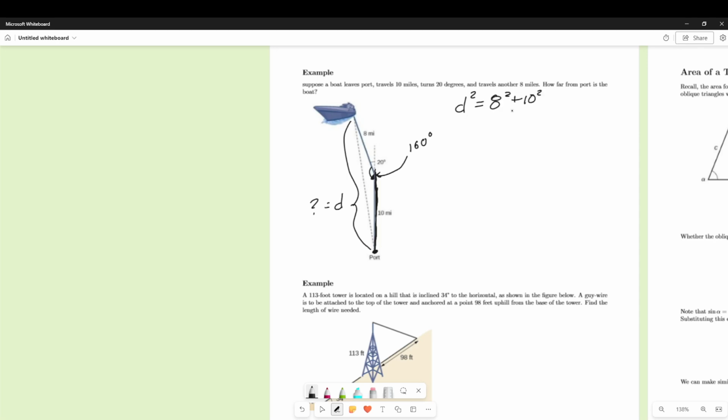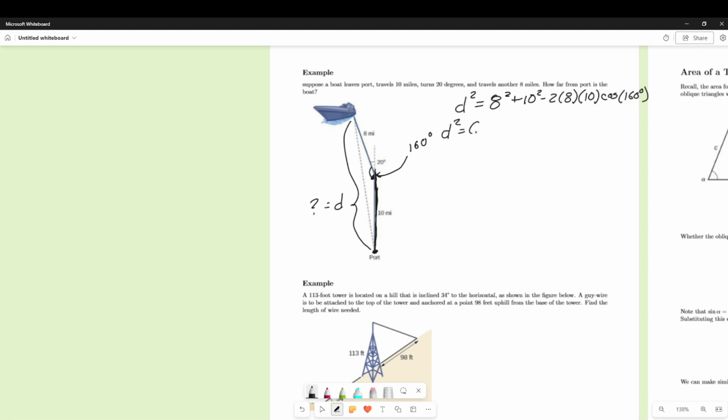That's what it would be if it was just Pythagorean theorem. But because this isn't a right triangle, we add the check to compensate for the fact that that's a 160 degree angle instead of a 90 degree angle. And again, that's what law of cosines is. And then we just simplify.